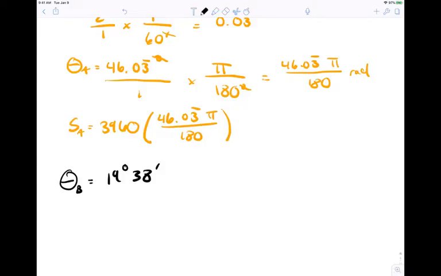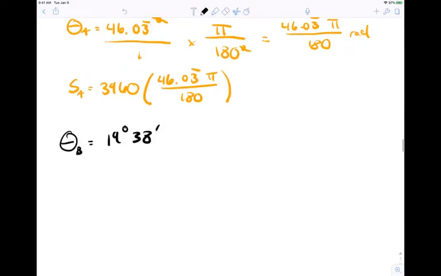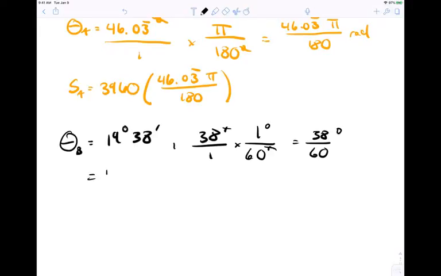So if we're focusing on that 38 minutes, we need to convert that to degrees. 60 minutes is to 1 degree. So then it's going to be 38 over 60 degrees. I'm going to leave that like that. So then theta is going to be 19 and 38 over 60 degrees.